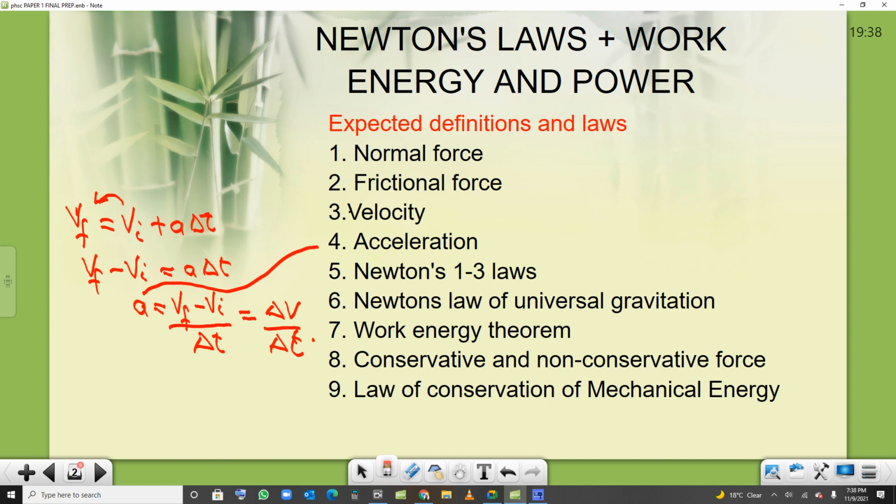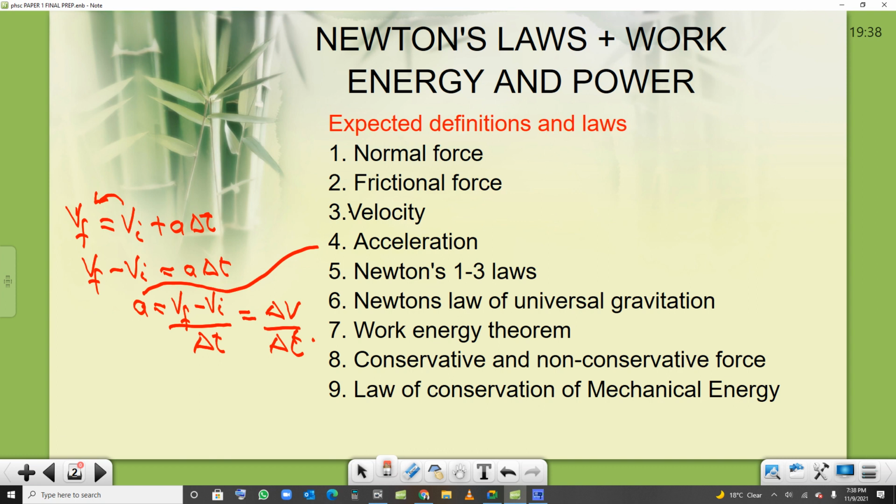You can just use your formula page. Newton's first, second, and third law, that should be your second name by now. Newton's first law, an object will remain at rest, all right, or continue in uniform what? Motion until an external force acts on it. Newton's second law, when a net force acts on an object, what will happen?